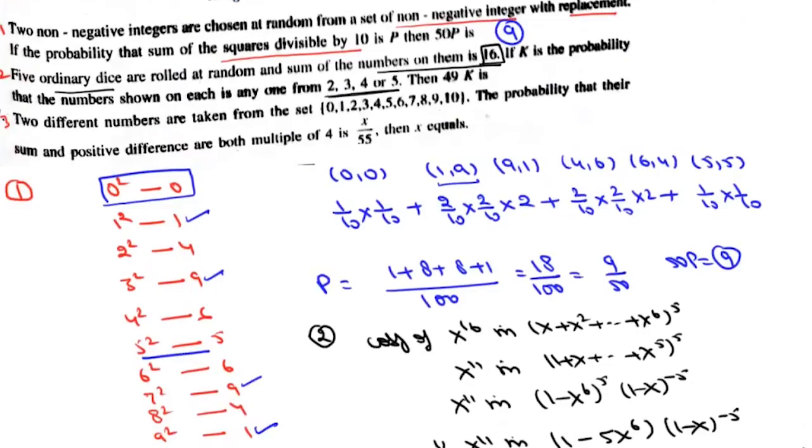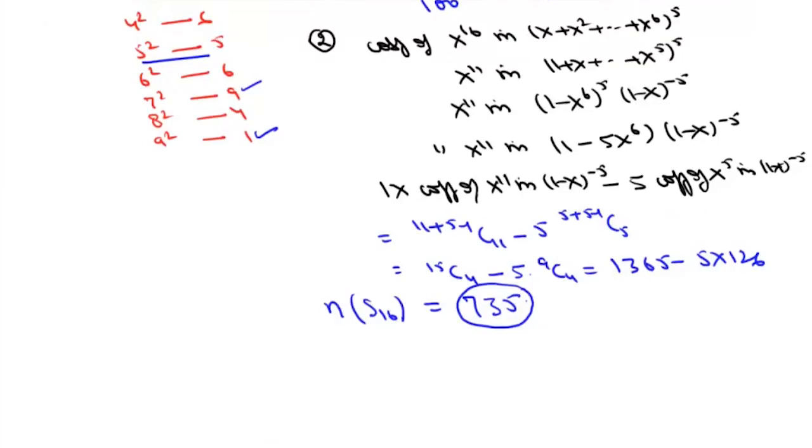Now our favorable event is when we get 16 from these 4 numbers. So now we have to find the coefficient of x to the power 16 in, since we are given numbers 2, 3, 4 or 5, (x square plus x cube plus x4 plus x to the power 5) to the power 5. Here we'll take x to the power 10 common.